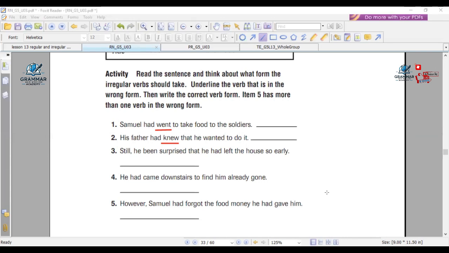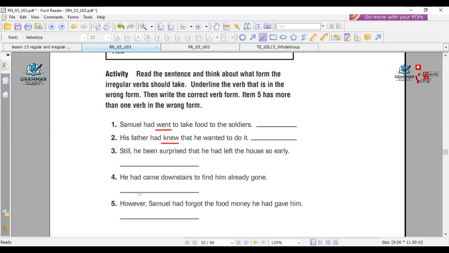Moving to another one, Ibrahim Mirza, number 3. Ibrahim, can you hear me? I can't hear you by the way. Yes, mister. Number 3. Still, he been surprised that he had left the house so early. So, he had been.